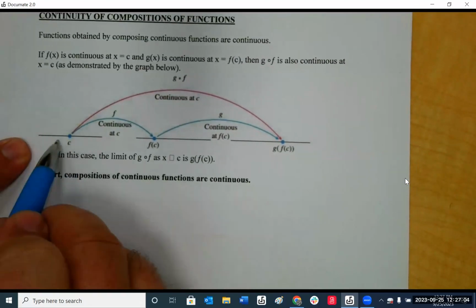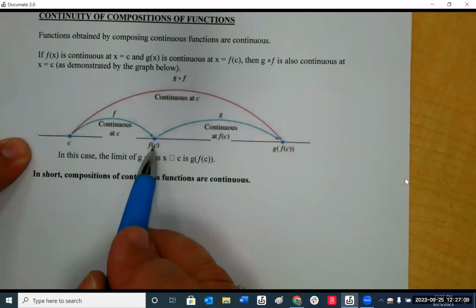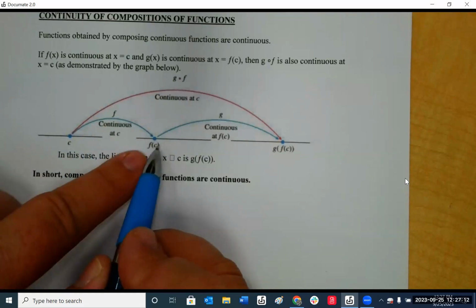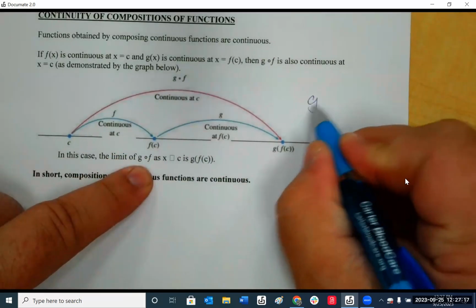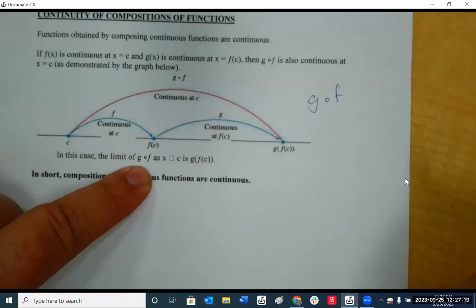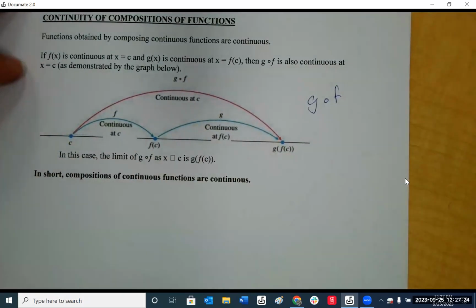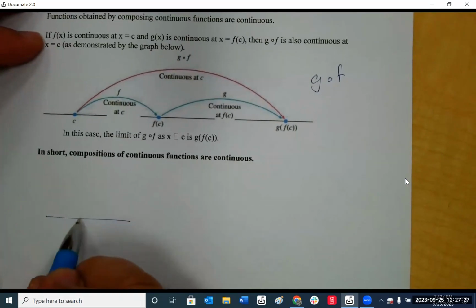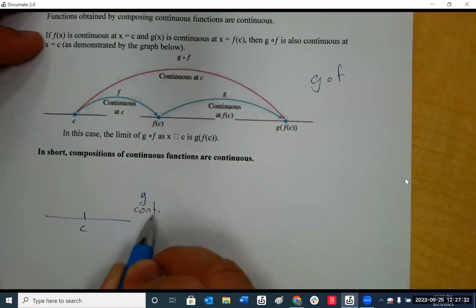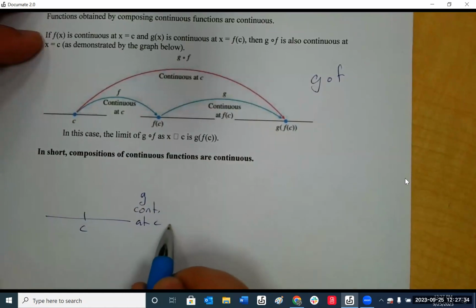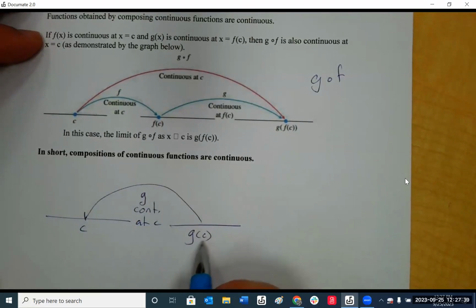Here's our value c. f is continuous at c. This is our first function, so we have f of c. That one works. g is continuous at c, so that one works. This one is g of f. The way we would do it for the other one is, here's c, g continuous at c, which means we get g of c.